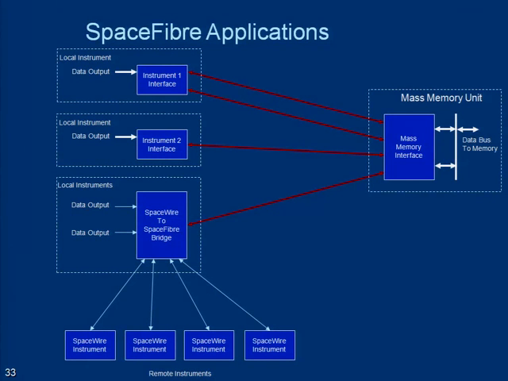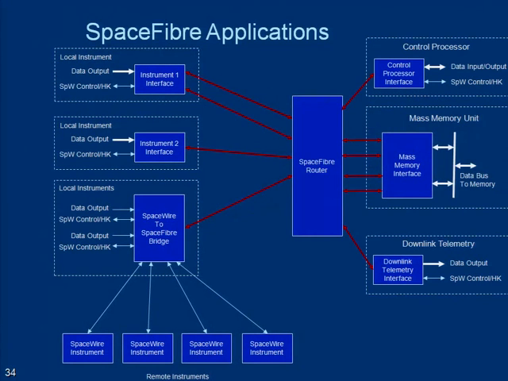Okay, if we want to extend this so we can include control and housekeeping, we then need another component, which is a SpaceWire router device. And with that capability, we can then add in the control processor. The control processor can use virtual channels to talk to or control any of the instruments, or the mass memory, etc. We can send data from any of the instruments into the mass memory.